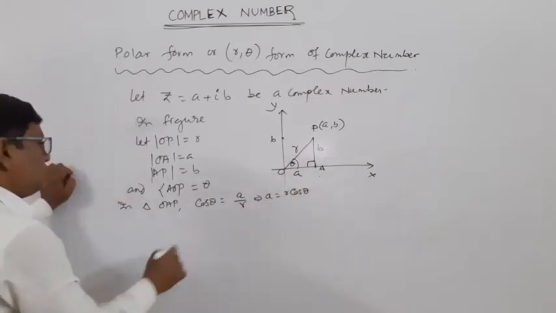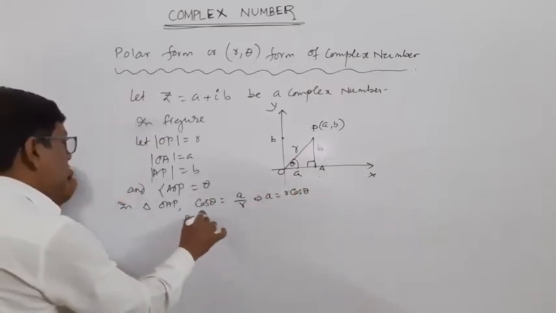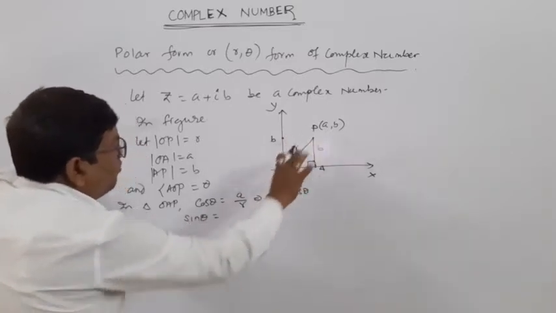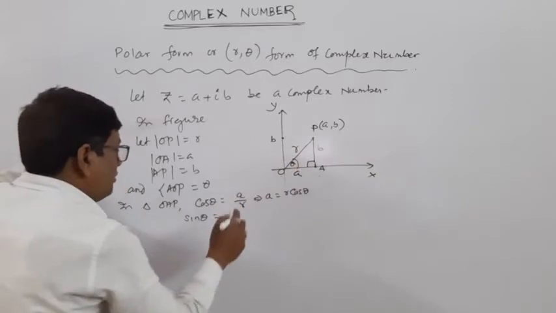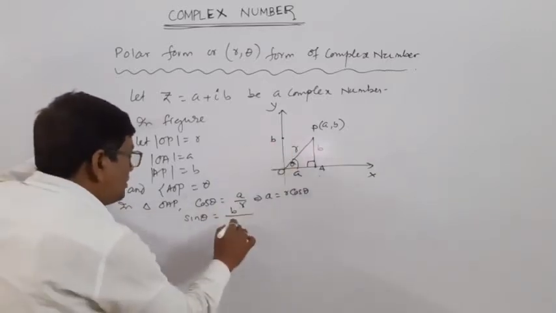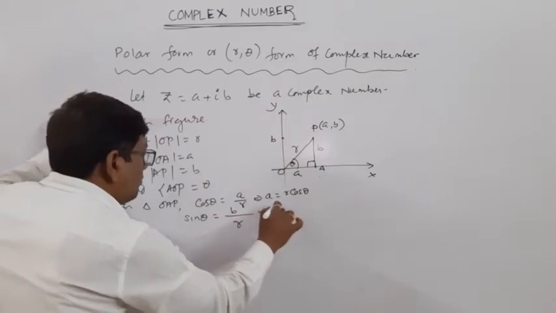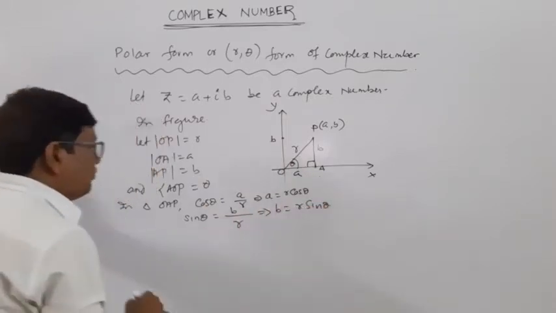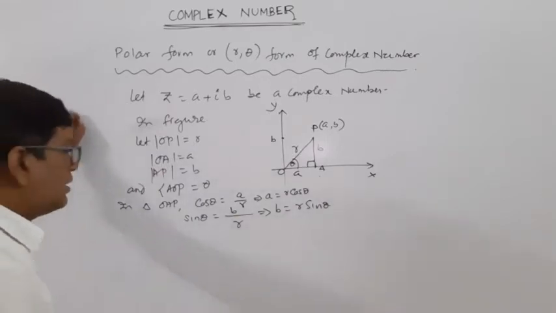Similarly, sin theta is equal to perpendicular by hypotenuse. Perpendicular means length is B, by hypotenuse, that is R. So B is equal to R sin theta.